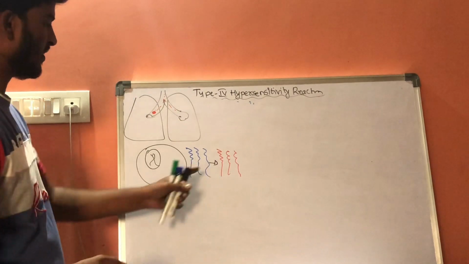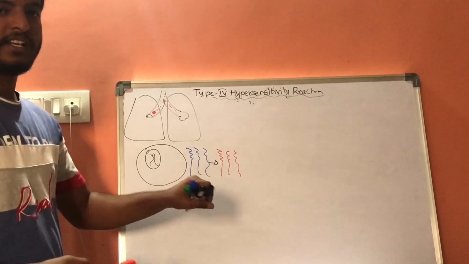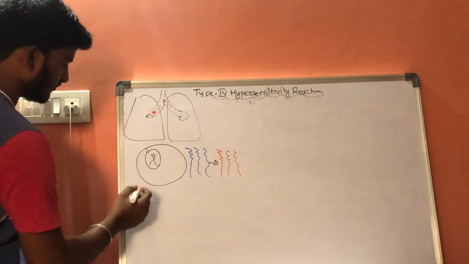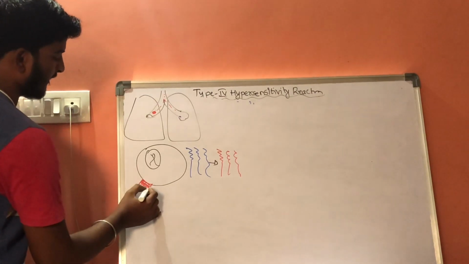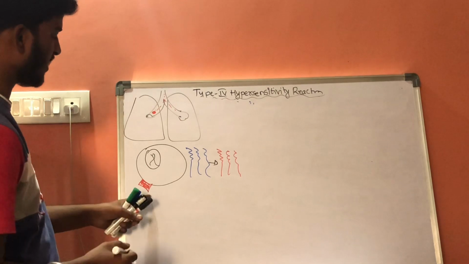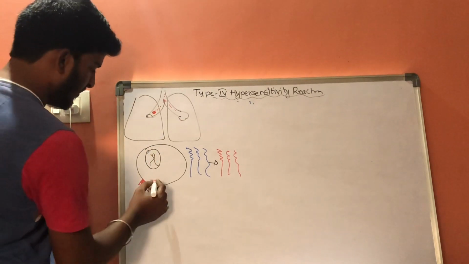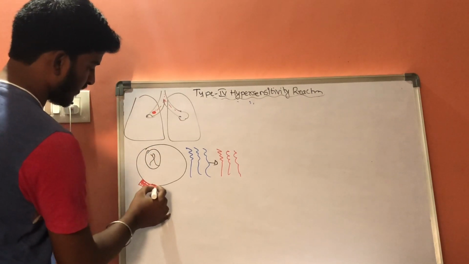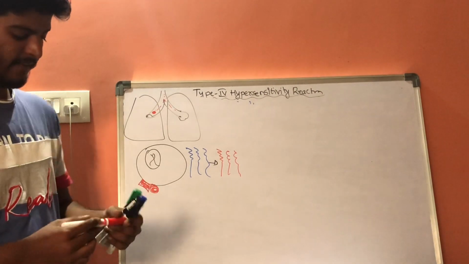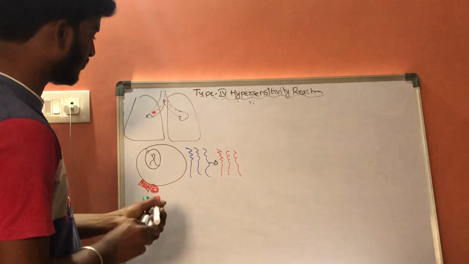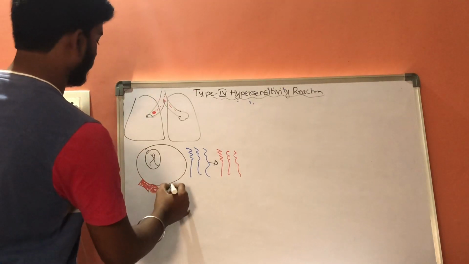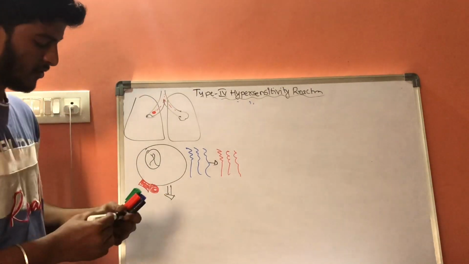These red color proteins are also called MHC class 2 proteins, and they also contain the TB antigen. These are also called antigen presenting cells. It is exposed to the T helper cells.